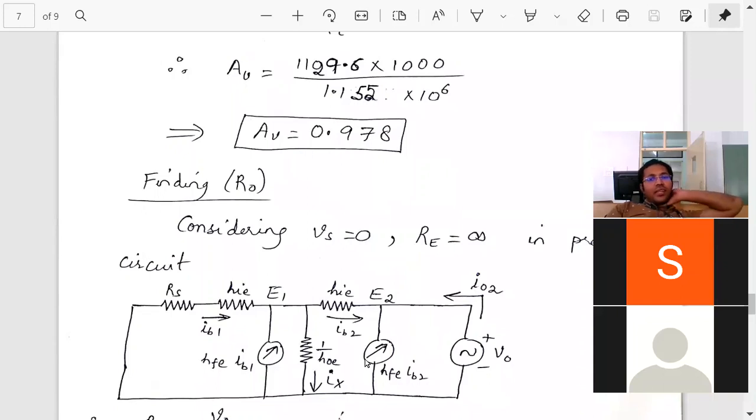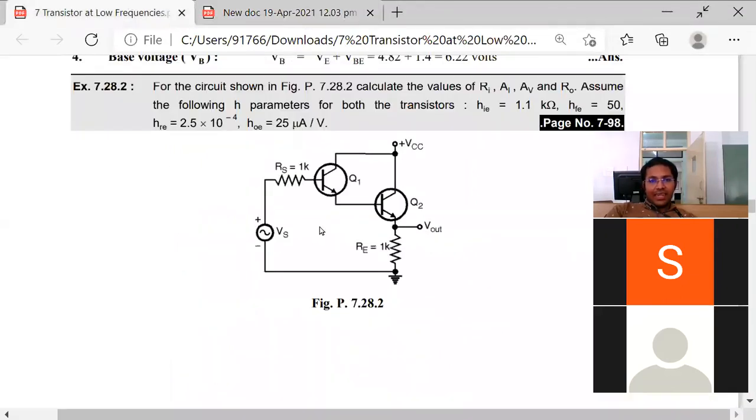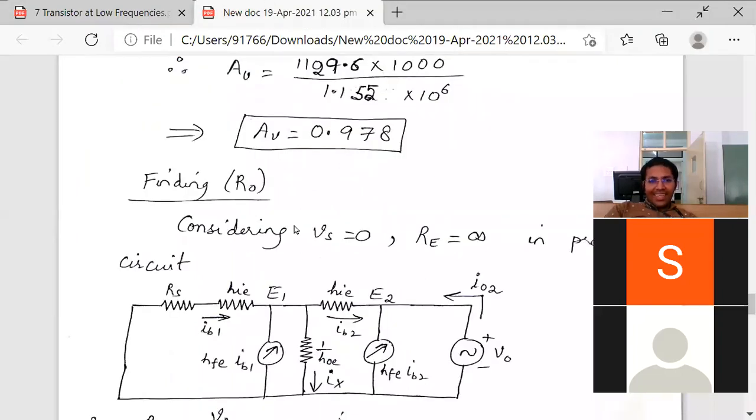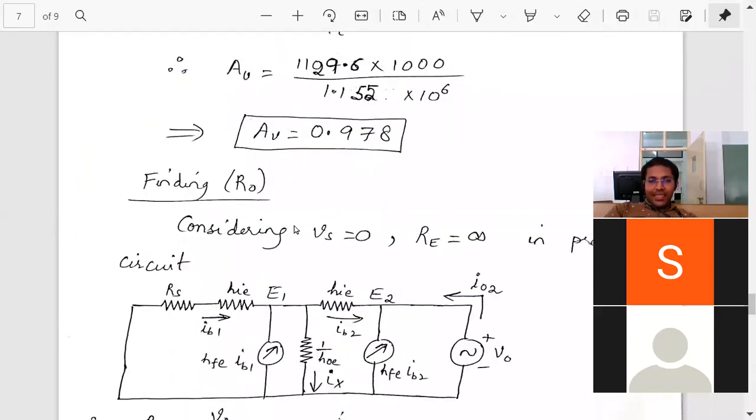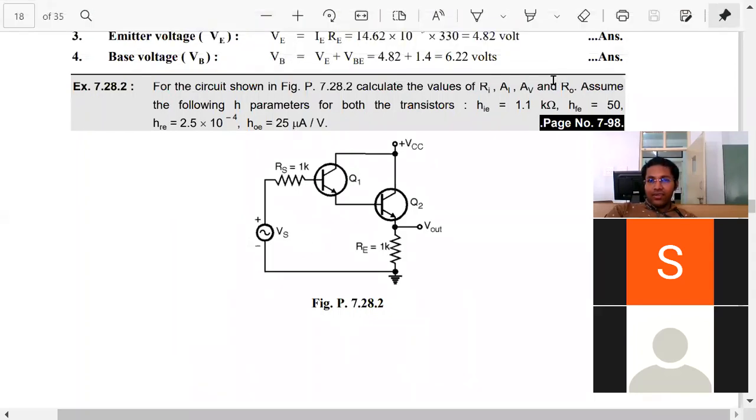Fine. So now what we are actually doing is we have started the Darlington pair amplifier. Today's class, we started with the Darlington pair amplifier. We have analyzed, we got expressions, and in the expressions, we are using values, we are finding these RI, AI, AV, R0.